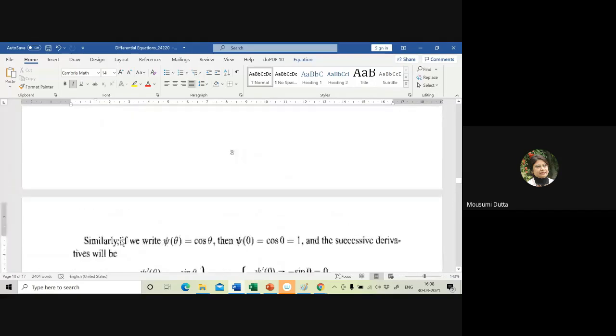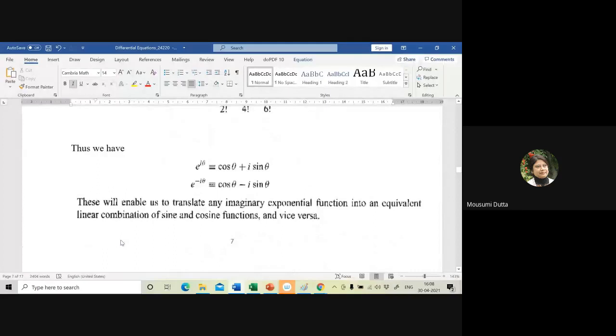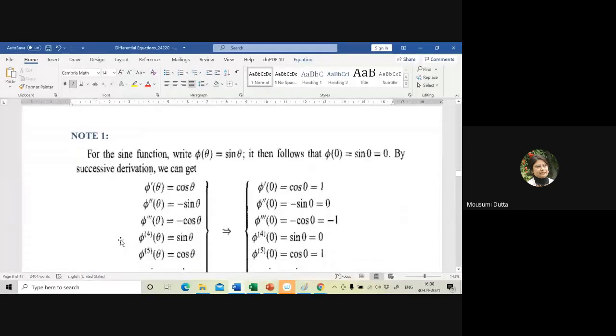However, I need to explain this part, this note 1. For the sine function, we consider, say, phi of theta is equal to sine theta. So if I consider phi of 0, that will be sine 0 is equal to 0.